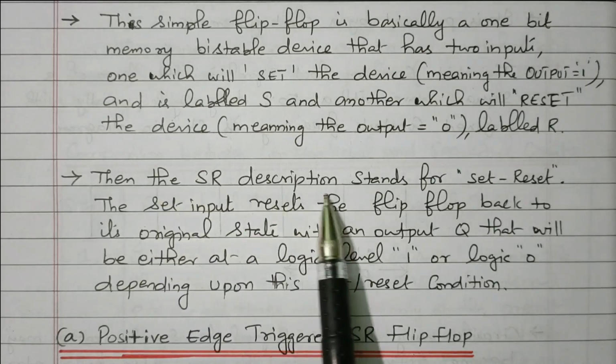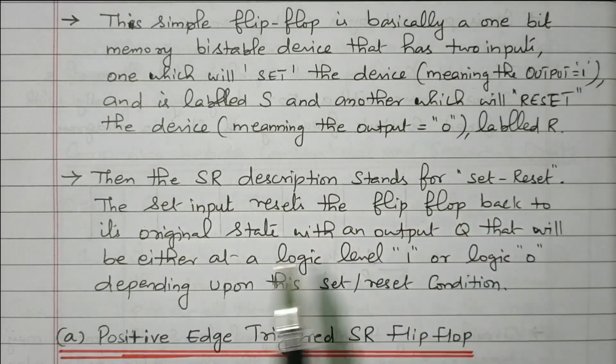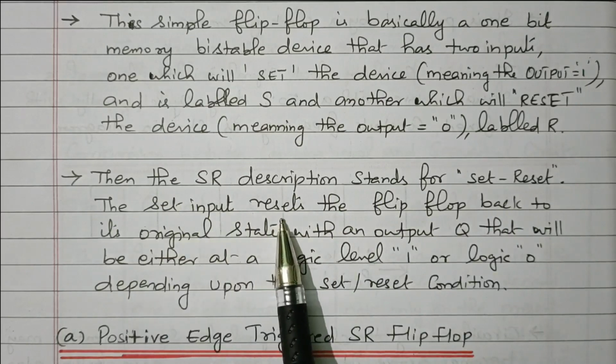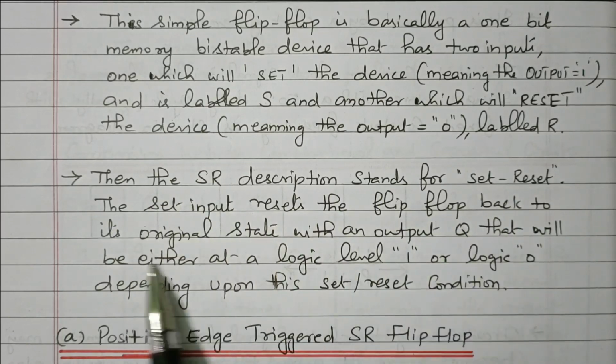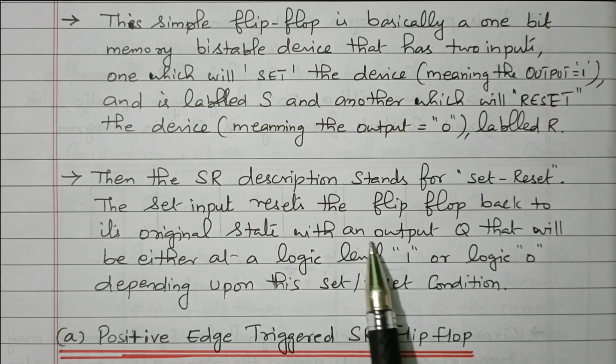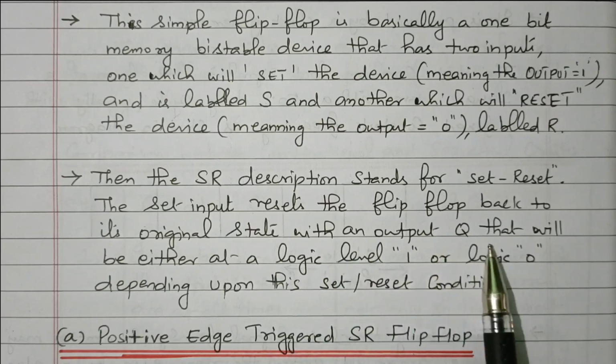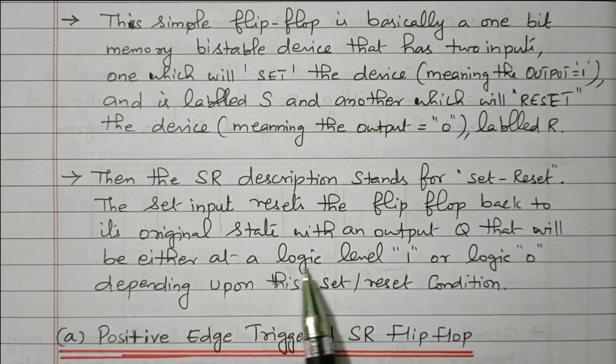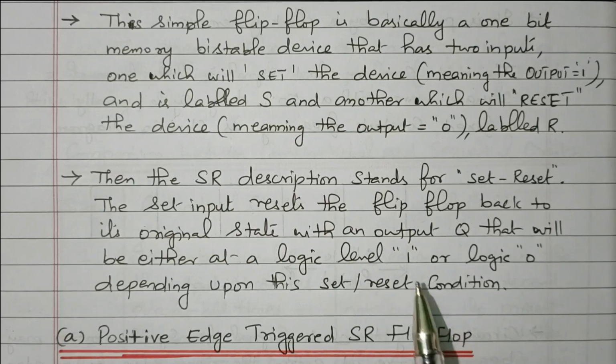Then SR stands for set reset. The set and reset inputs put the flip-flop in a state with output Q that will be either logical 1 or 0, depending upon the set or reset condition. Right? Whatever may be the earlier data, 0 or 1, set means it will make the output 1, reset means it will make the output 0.